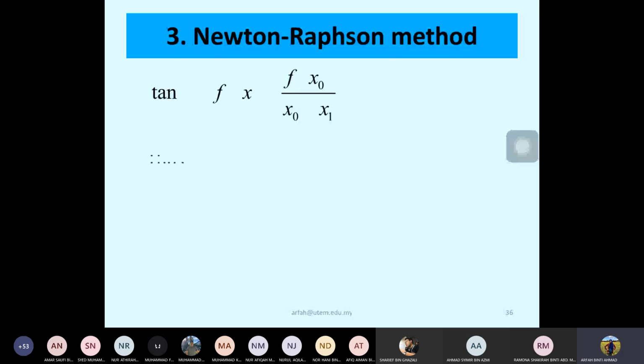Okay. So contohnya, sekejap. So let's say for example, kita ada this type of equation. Dia punya tangent of equation, kita akan ada fx.